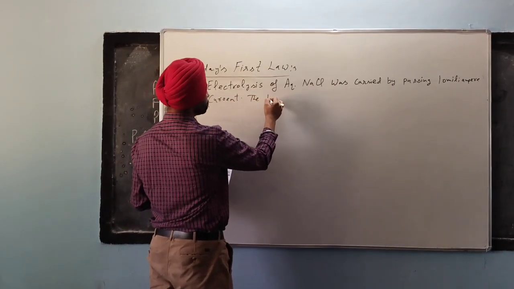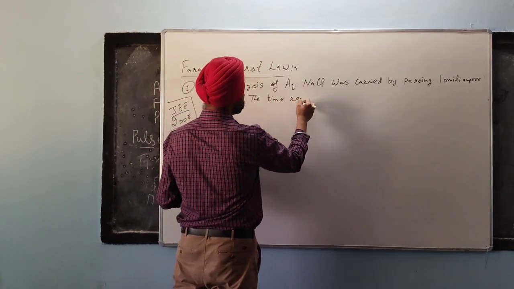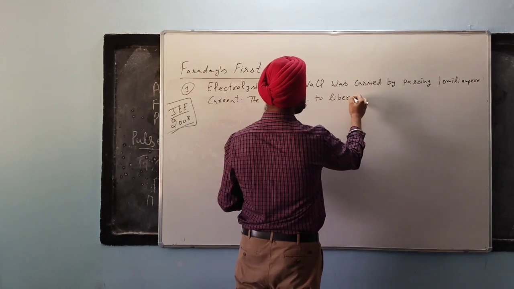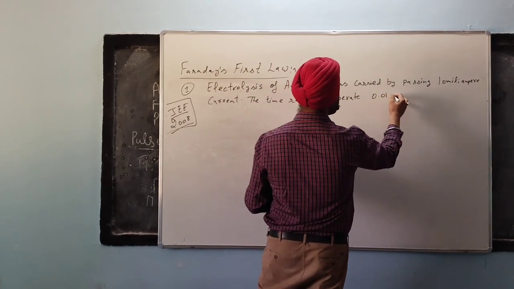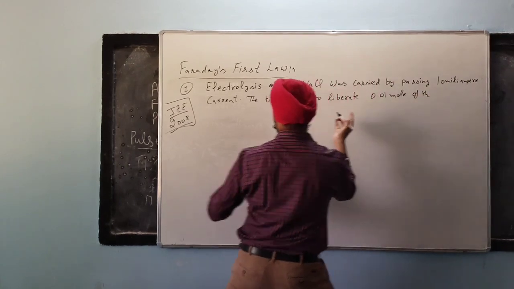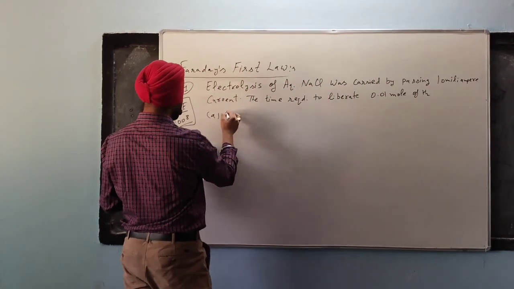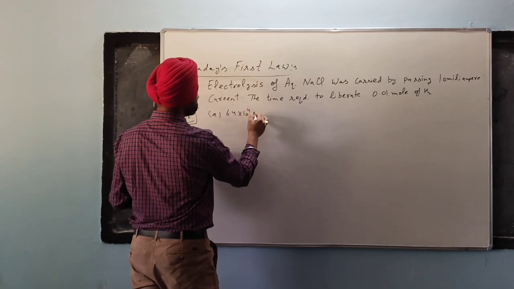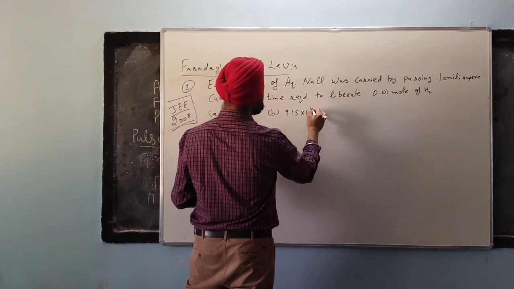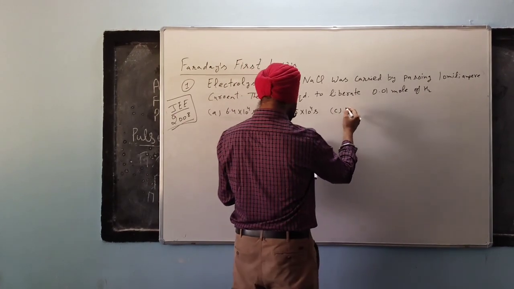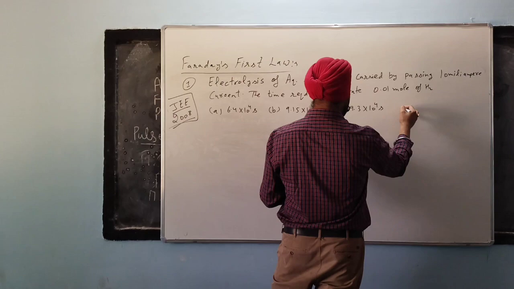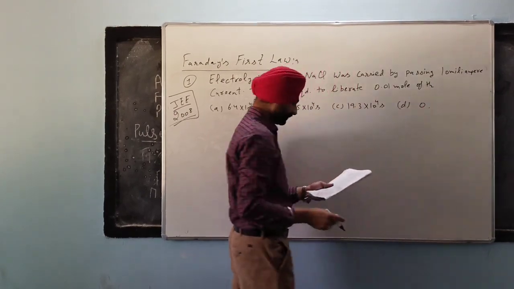The time required to liberate 0.01 mole of H2. So the options are: first option is 6.4 into 10 raised to power 4 seconds. B option is 9.15 into 10 raised to power 4 seconds. C option is 19.3 into 10 raised to power 4 seconds. And D option is 0.